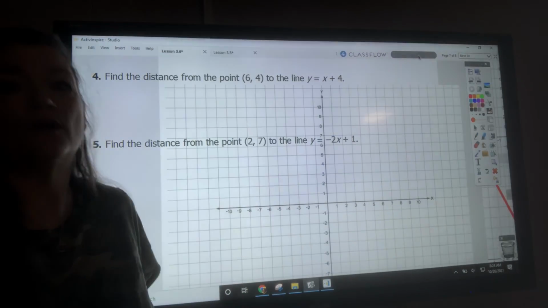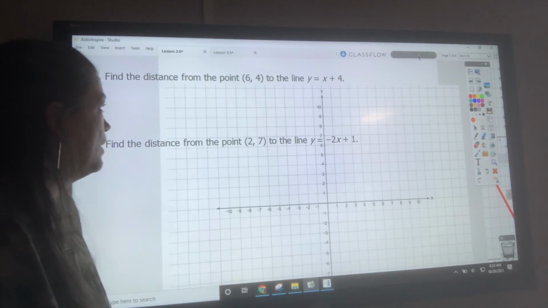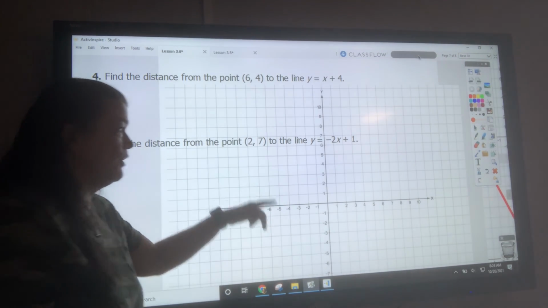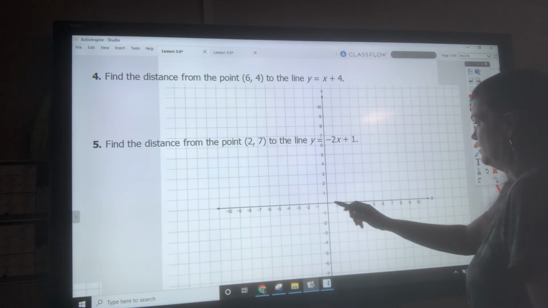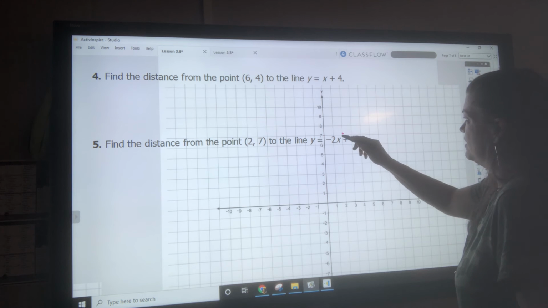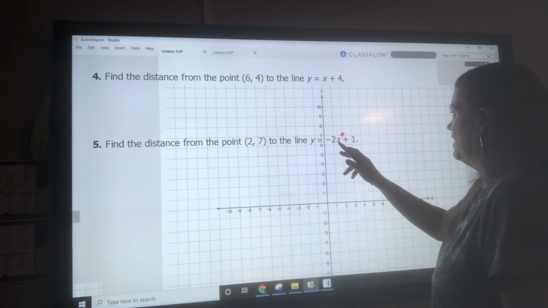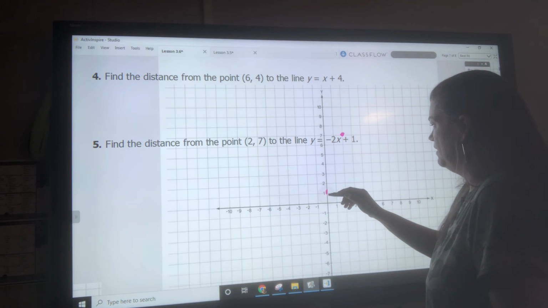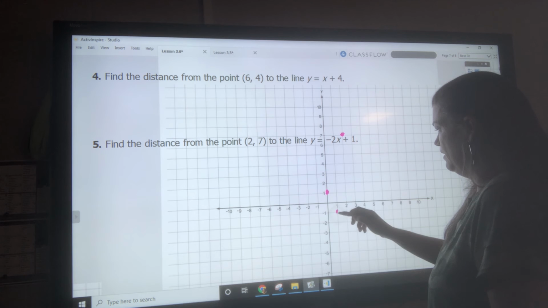All right, for the second equation, which I just changed, we've got the distance from the point 2, 7. So I'm going to put my point at 2, 7 and graph this line. Well, this line has a y-intercept of 1 and a slope of down 2 over 1.